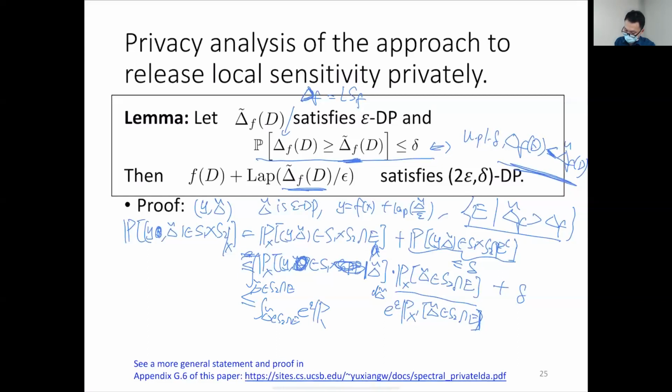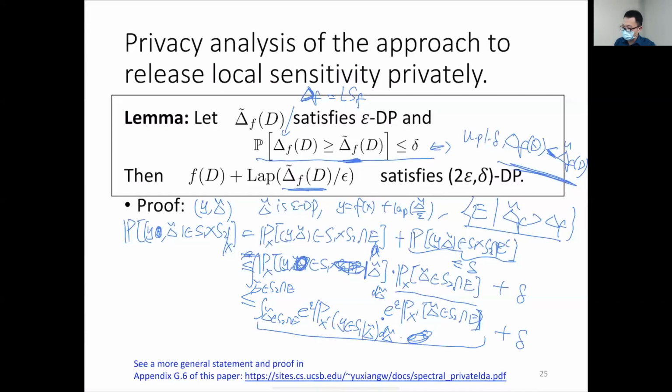Now p x replaced with p of x prime, and y belongs to S1 given delta tilde, and then multiply with this, and then plus delta.